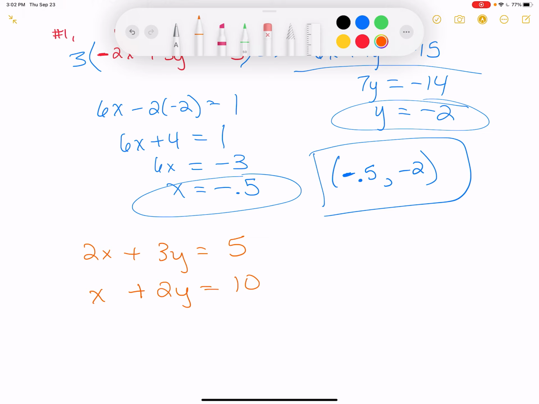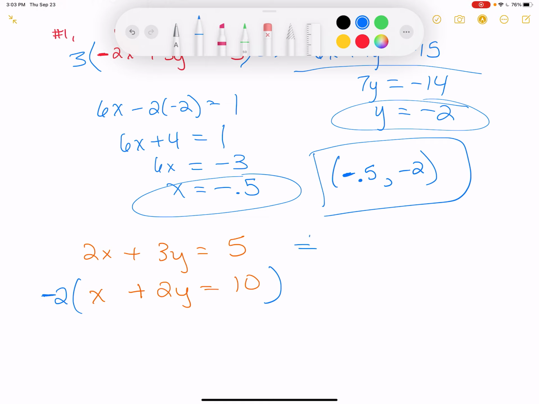No, they don't. So what I need to do when I multiply is multiply one by a negative number to cancel it out. With 2 and 3, there's nothing I can multiply one of these by to get the other. But with the x's, I can multiply this bottom one by 2. Since they're both positive currently, I've got to do the negative here.